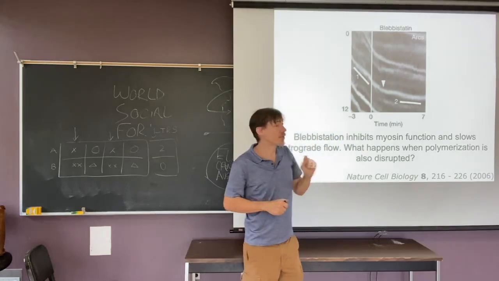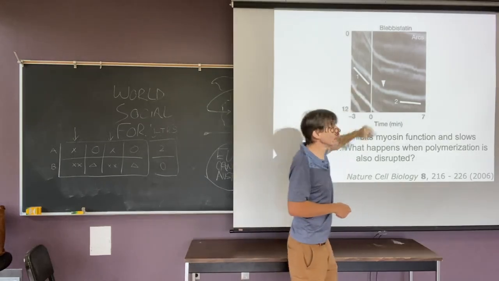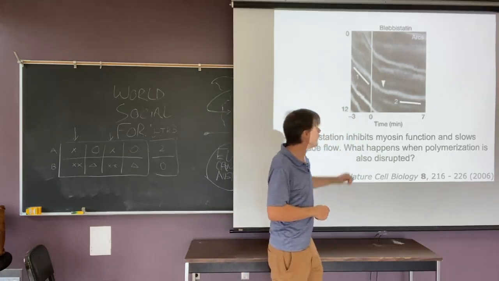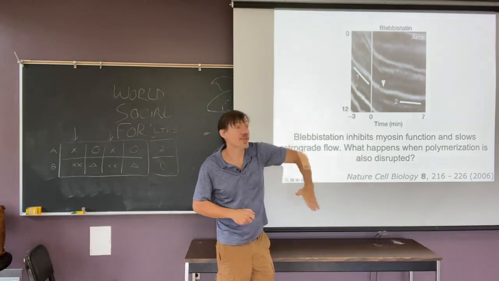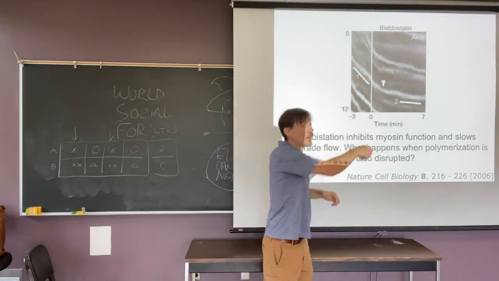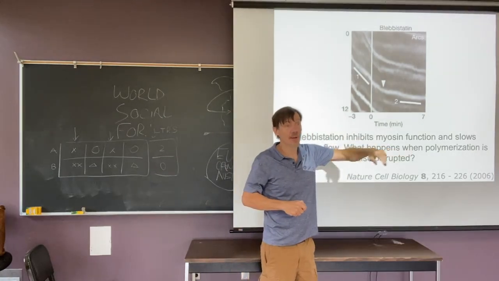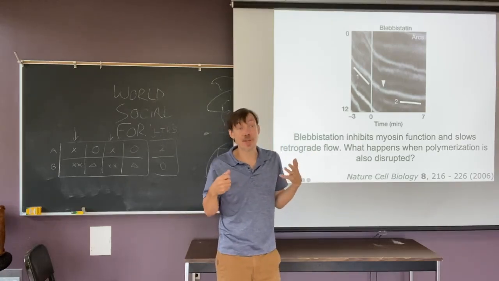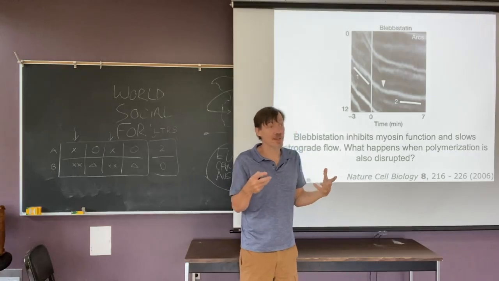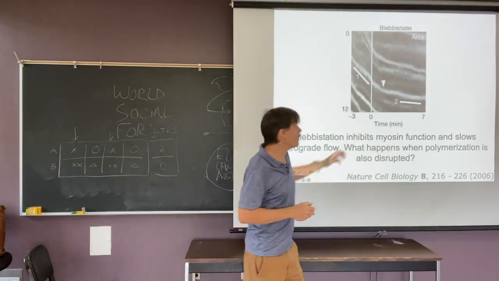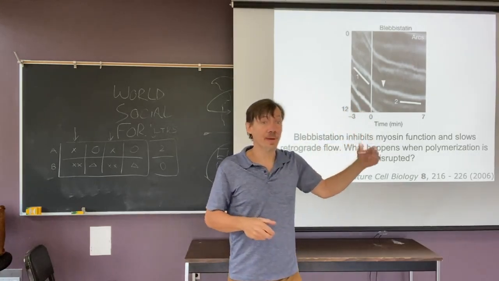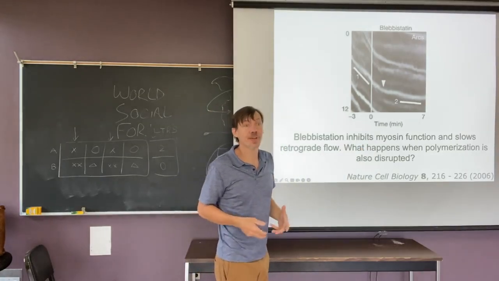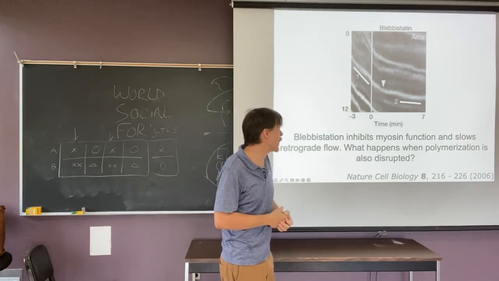So what that means is they're changing their position really rapidly, and then after blebbistatin is added, you can see that the slope of these lines changes, so it becomes much more stationary. And really the wonderful thing about kymographs is that it allows you to take a huge amount of time-lapse data and really rapidly measure how fast things are moving. And this has sort of revolutionized the study of cell motility and cytoskeletal layers.